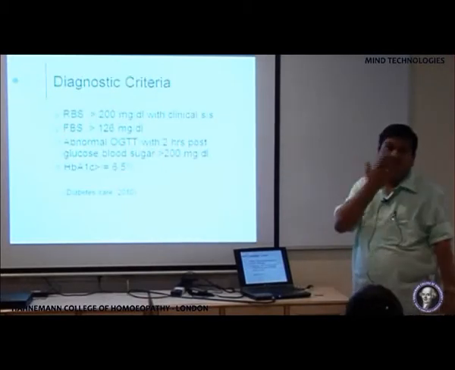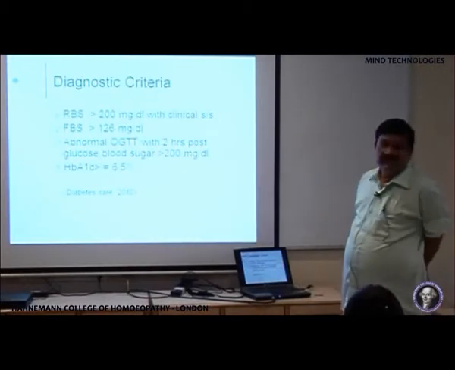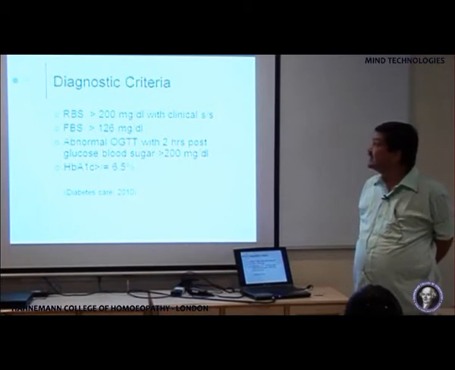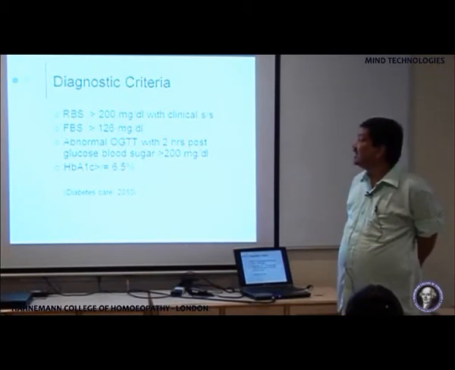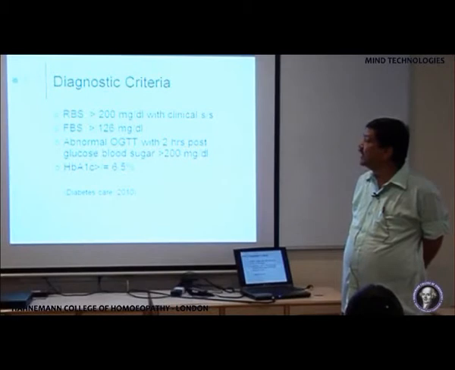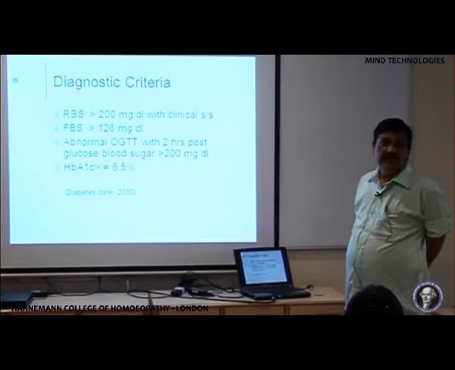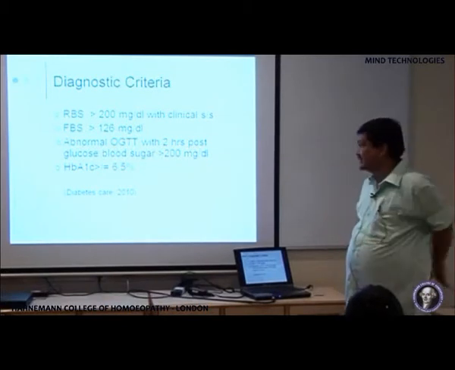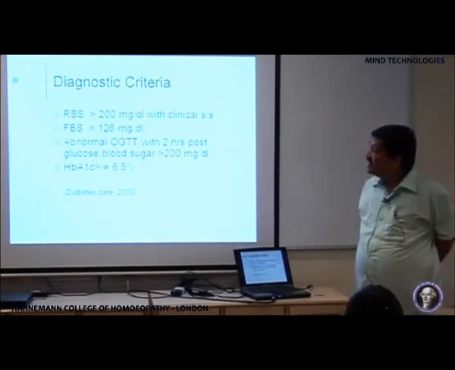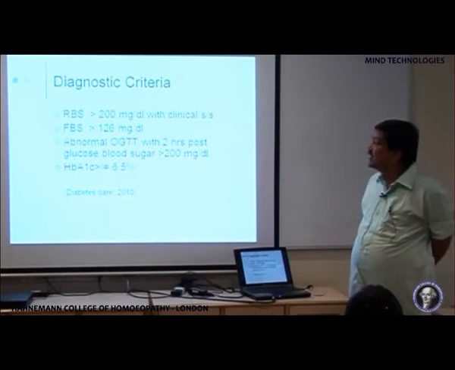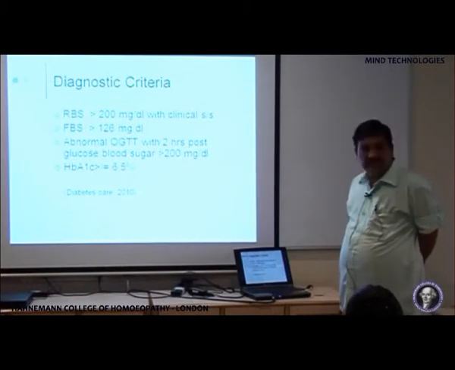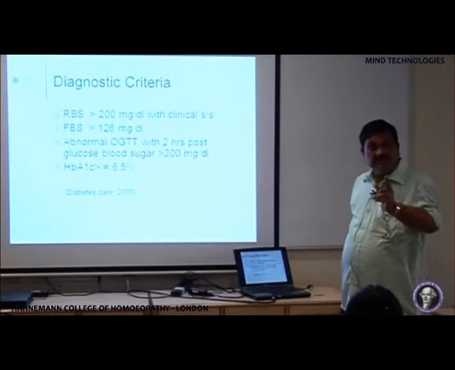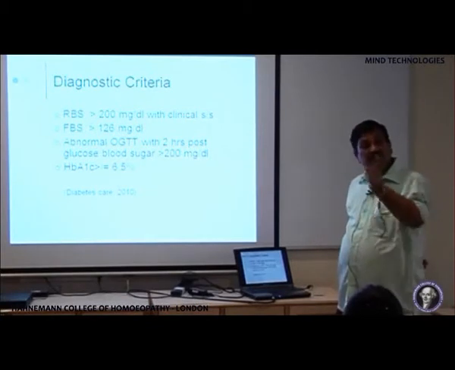Now, how do you diagnose diabetes? The diagnostic criteria for diabetes mellitus are either a random blood sugar above 200 milligrams per deciliter with clinical signs and symptoms. I'll come to that later. Or a fasting blood sugar level of more than 126 milligrams per deciliter when the estimation is done more than twice.